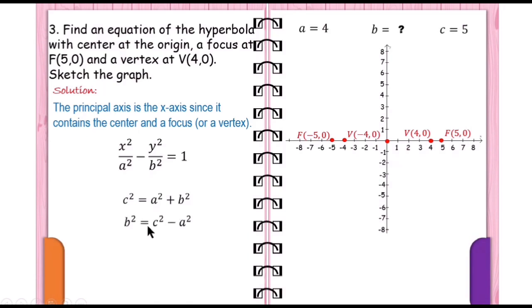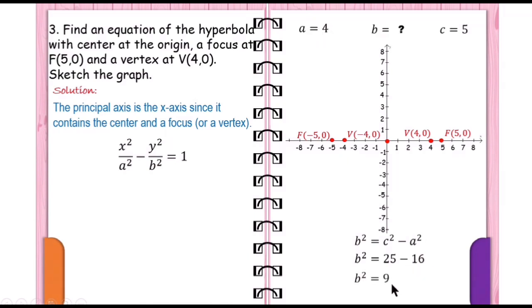So b squared is equal to c squared minus a squared. c squared is equal to 25, 5 squared is 25, while a squared is equal to 16, 4 squared is 16. 25 minus 16 is 9. Therefore, b is equal to 3. The square root of 9 is 3.